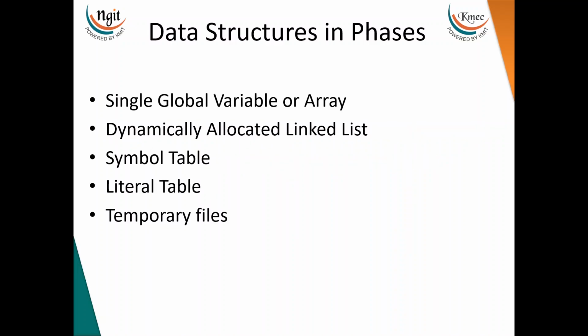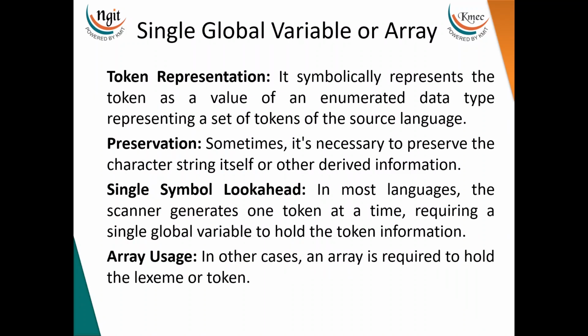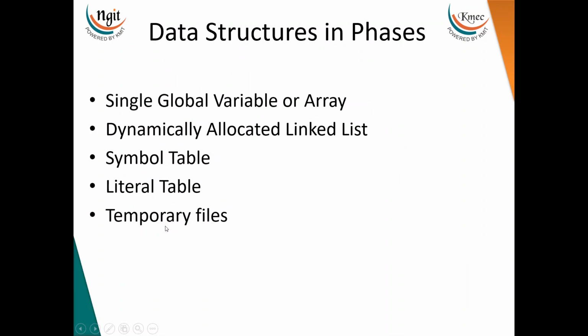So here we are going to use 5 types of data structures. One is single global variable or array, second is dynamically allocated linked list, third, the most important, symbol table, fourth is literal table, and fifth is temporary files.